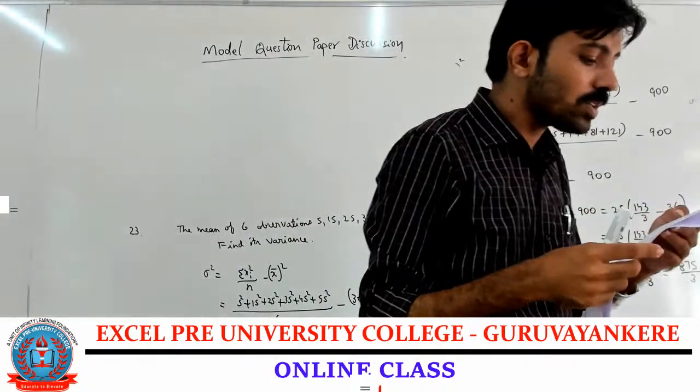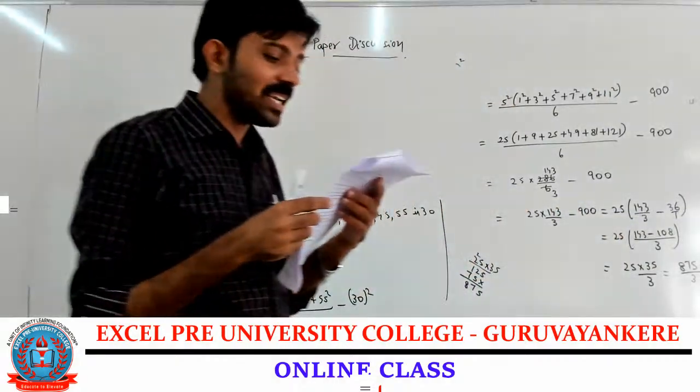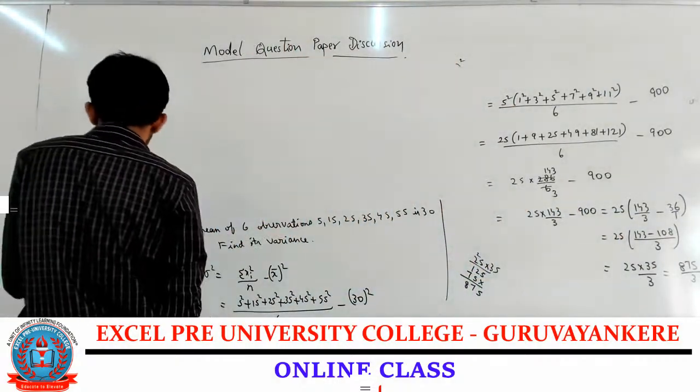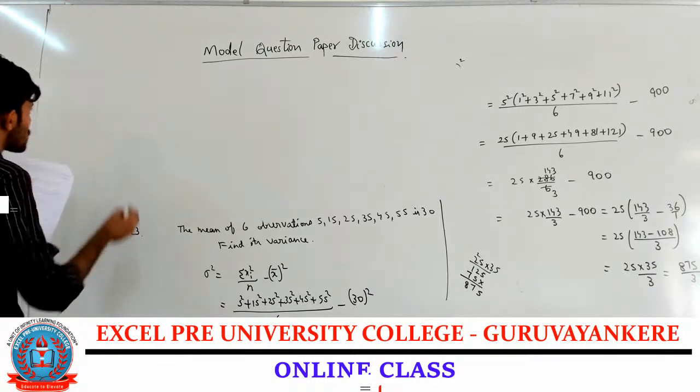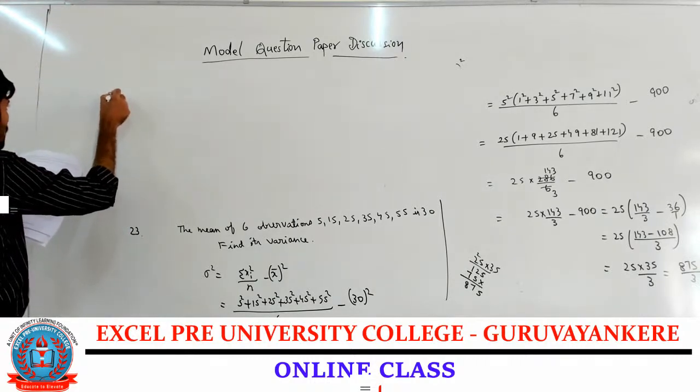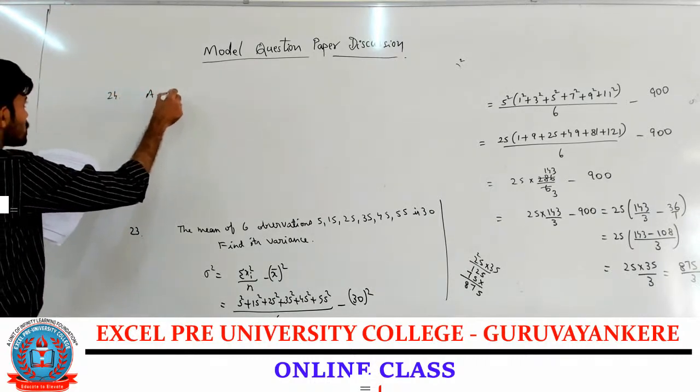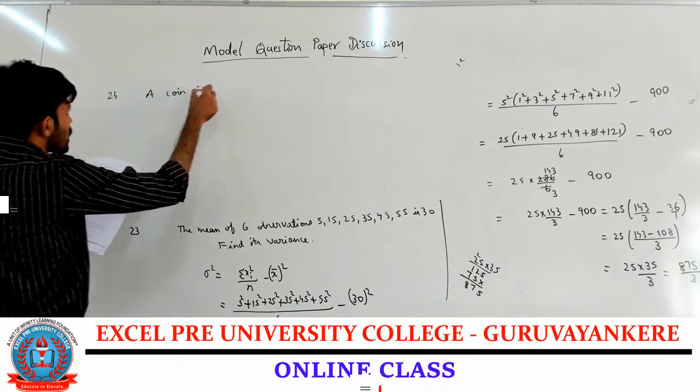A coin is tossed twice. What is the probability that at least one tail occurs? Question on probability, question number 24. A coin is tossed twice.